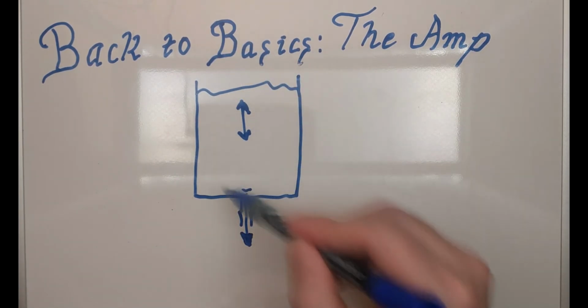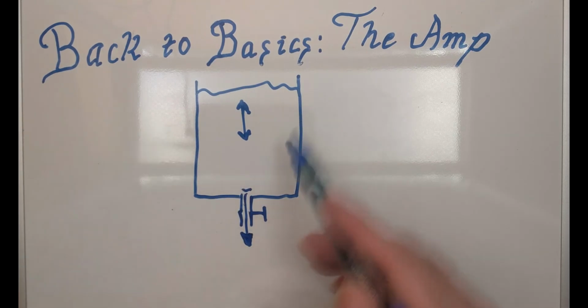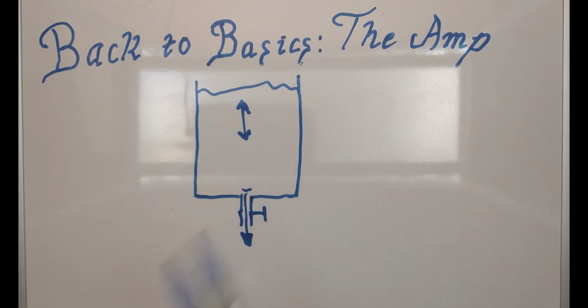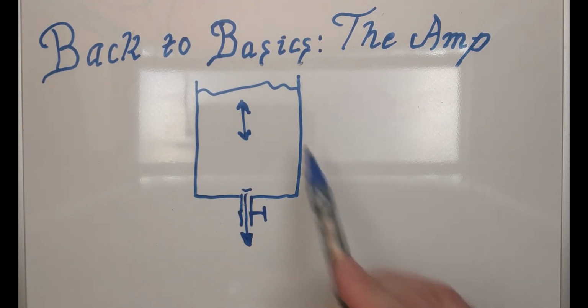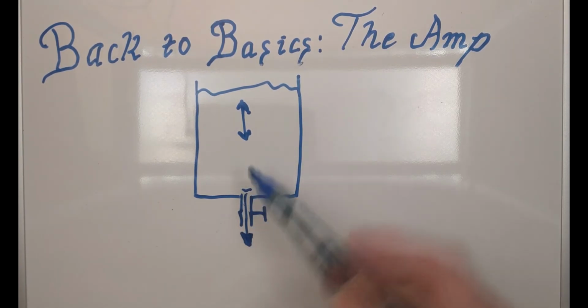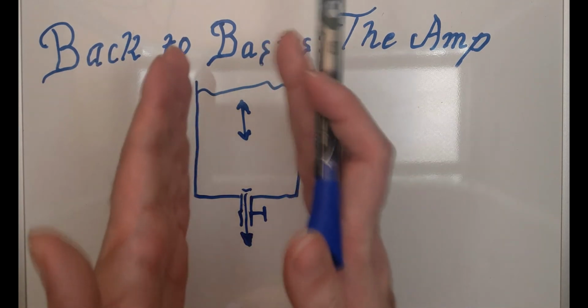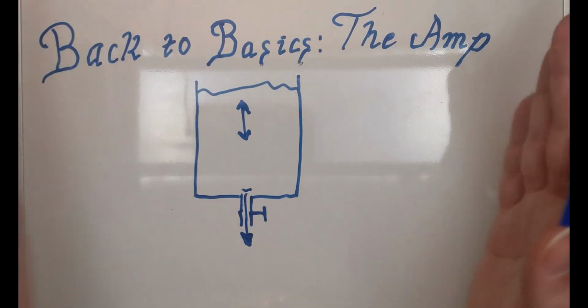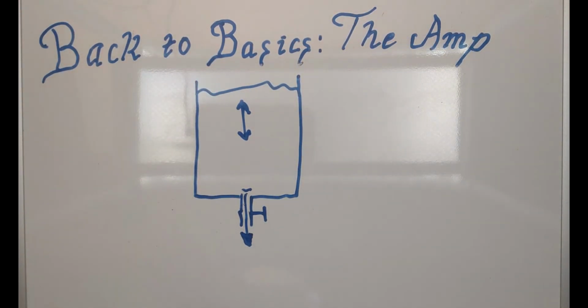So there's how we tie in our amps to our water analogy. And we'll talk about coulombs in our next video, and at that point we'll talk about amounts of charge when we are increasing the size of the tank.